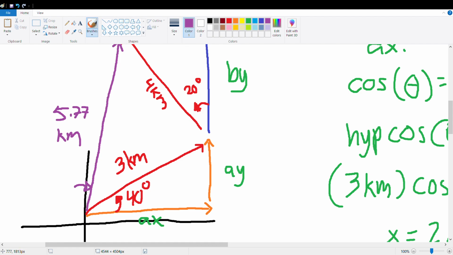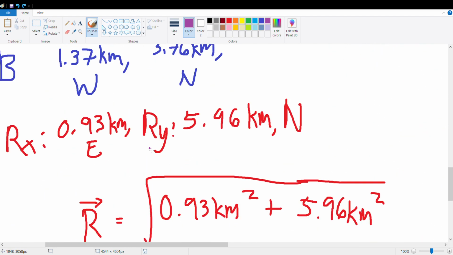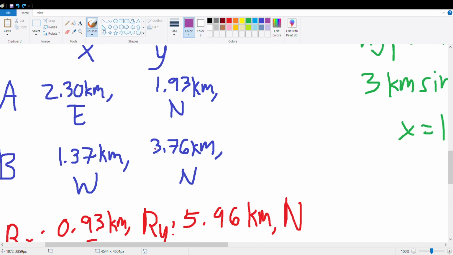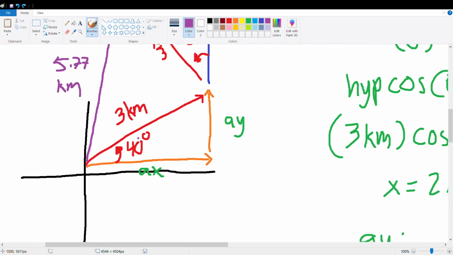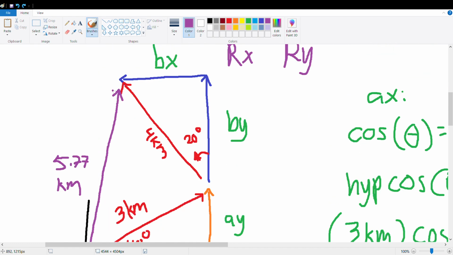It's either east of north or north of east. You can use both. But anyways, we're going to draw a triangle like this. We're going to use this.